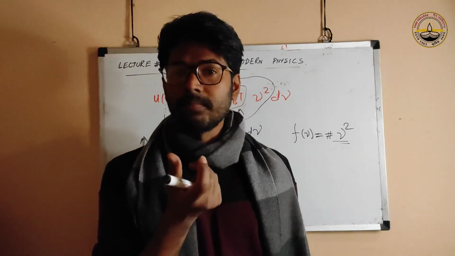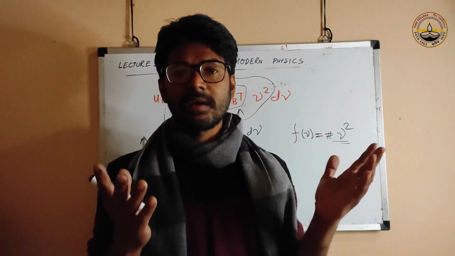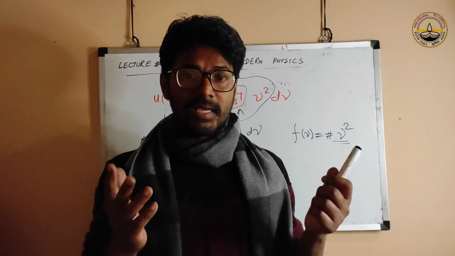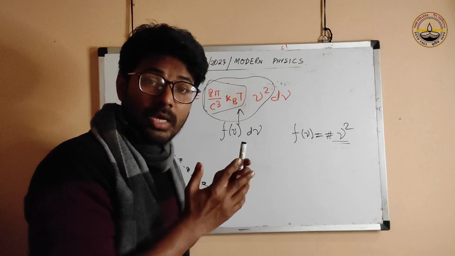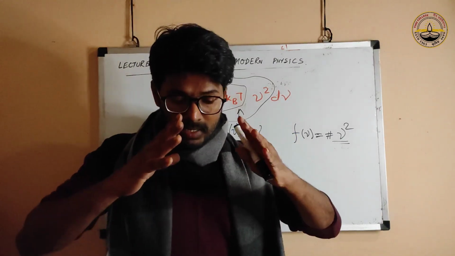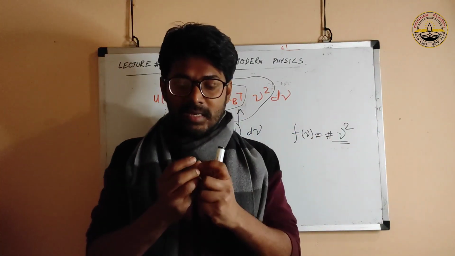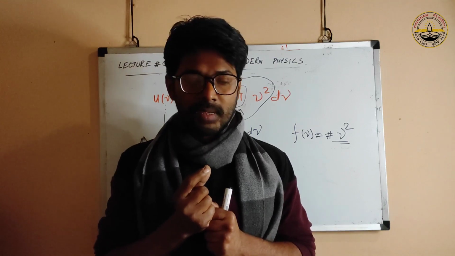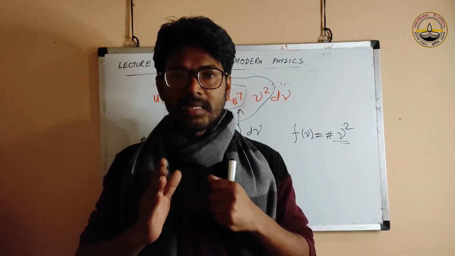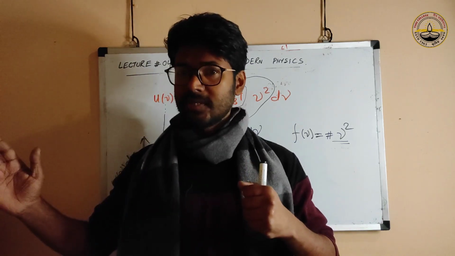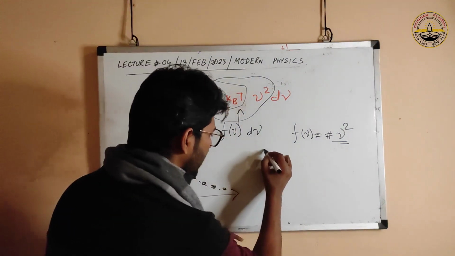You have heated it up, so it's now radiating in red color, let's say. But it really is, as I told you, radiating in every color, right? So you want to calculate the total energy radiated by this piece of iron. So you have to, of course, sum all the energy radiated in all possible frequencies.